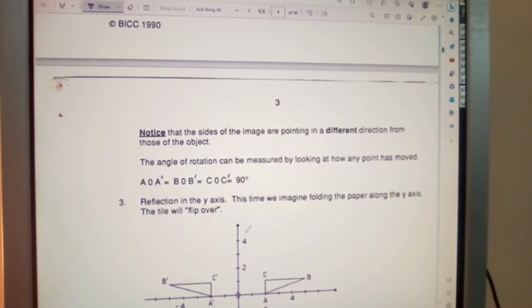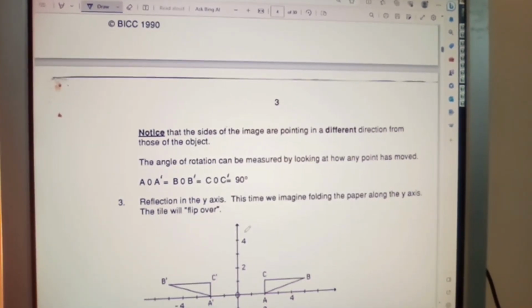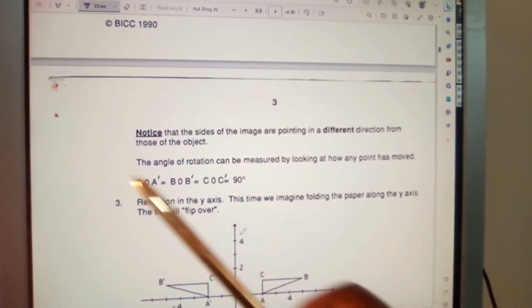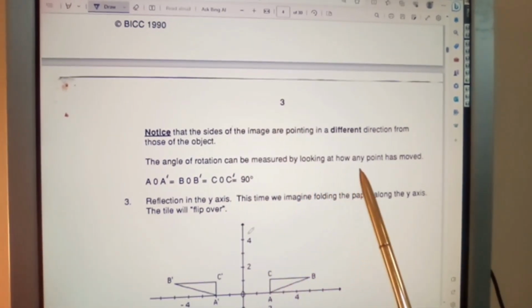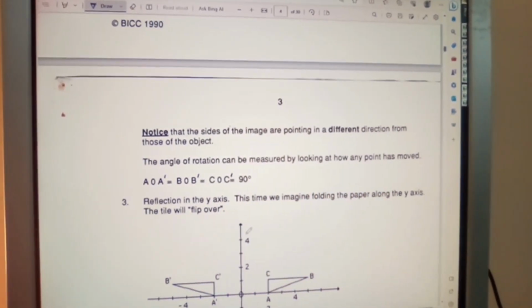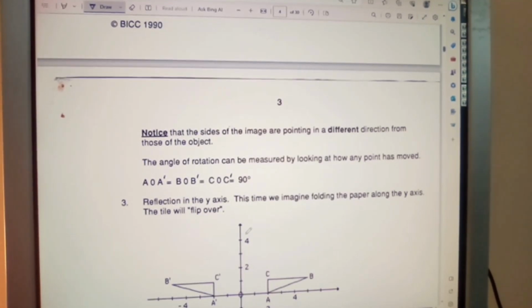Notice that the sides of the image are pointing in a different direction from those of the object. The angle of rotation can be measured by looking at how any point has moved. Angle AOA equals BOB equals COC equals 90 degrees.